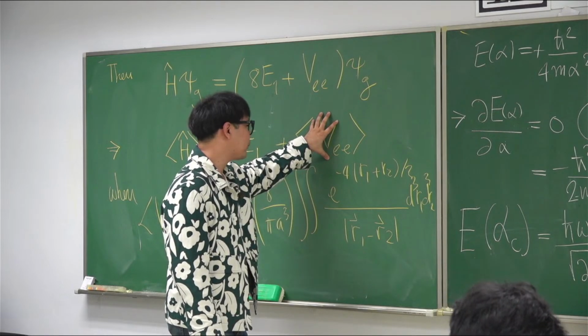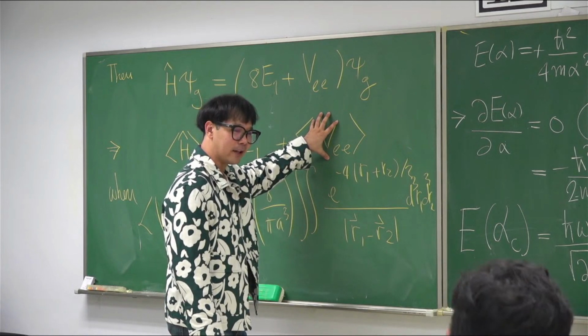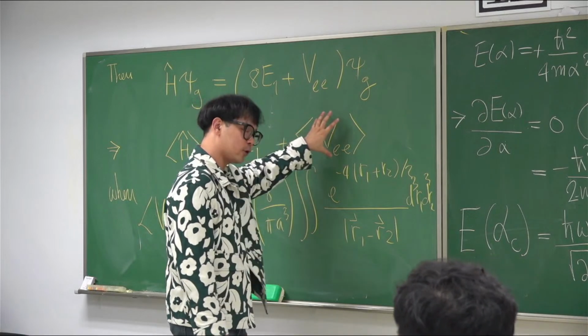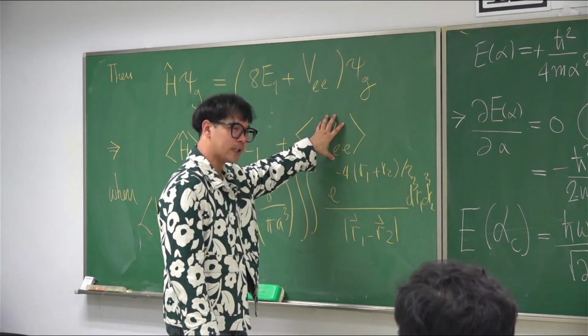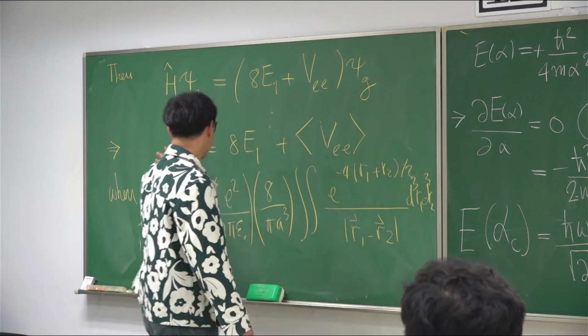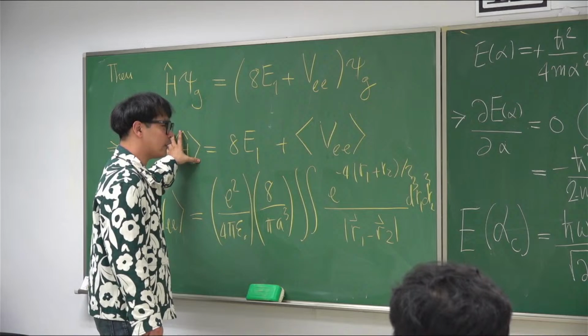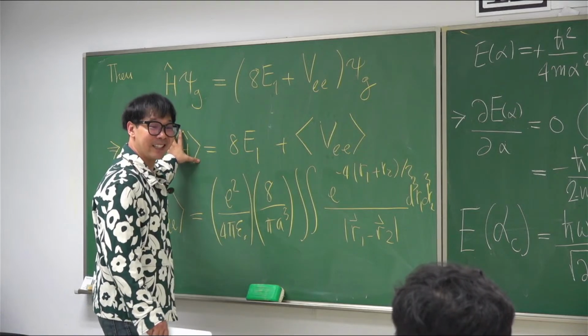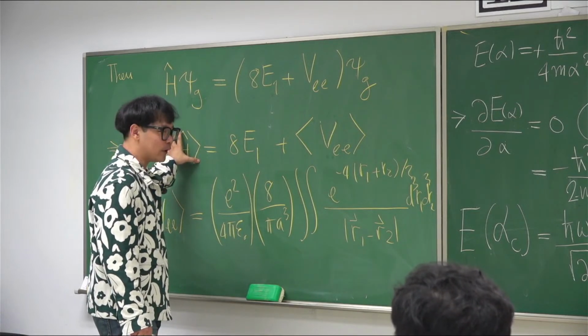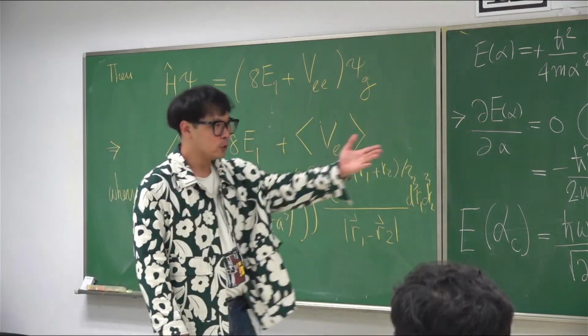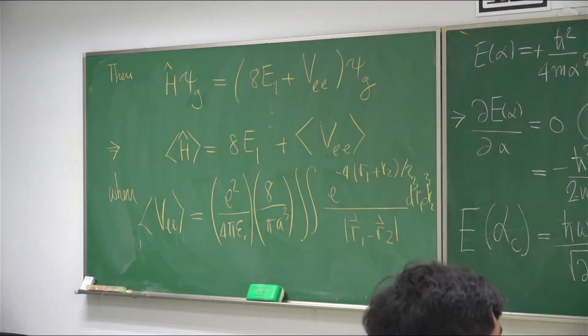If you could compute this one and put it back into this equation, you will get the eigenenergy that you want. There's no guarantee that you will get exactly the true minimum here. Let's see what we could get.